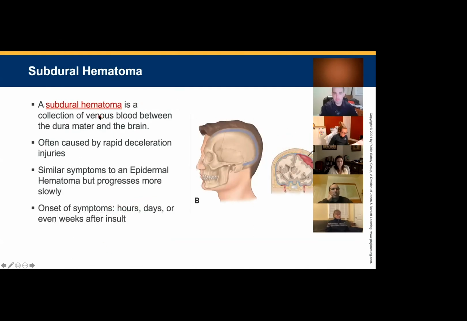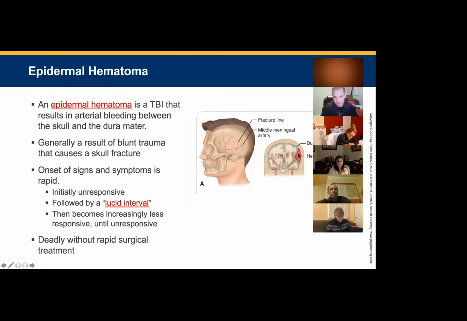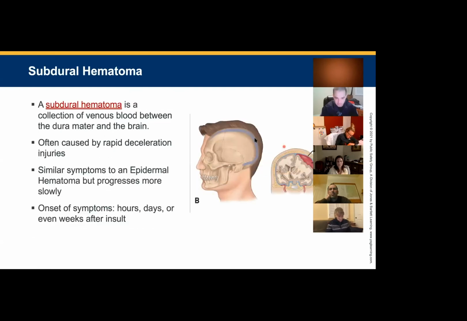A different type of hematoma is what we refer to as a subdural hematoma. This is a collection of blood between the dura mater and the brain. We see here that the blood is below the dura mater itself, whereas in the epidural hematoma, it was above the dura mater.